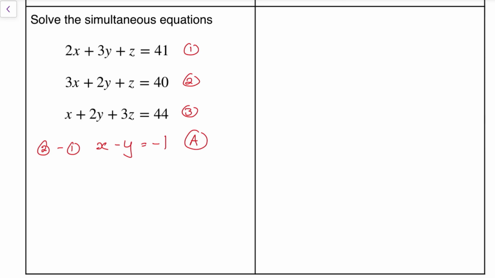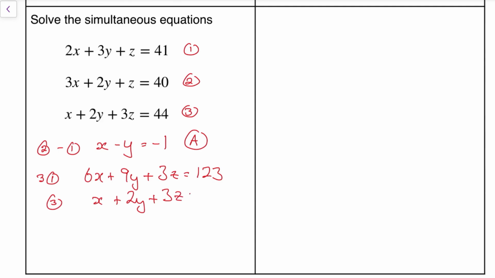Then, what am I going to do? So equation 1 times 3. So 3 times equation 1 is 6x plus 9y plus 3z equals 3 times 40 is 120 plus 3, so 123. And I'm just going to write equation 3 underneath, which is x plus 2y plus 3z is equal to 44.